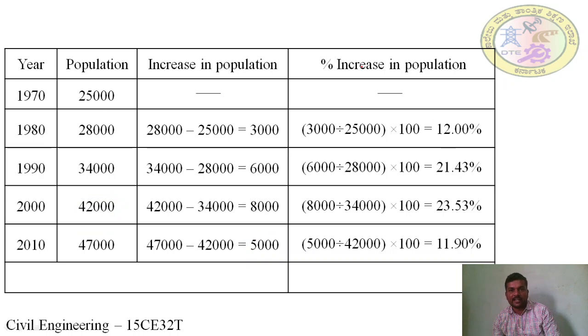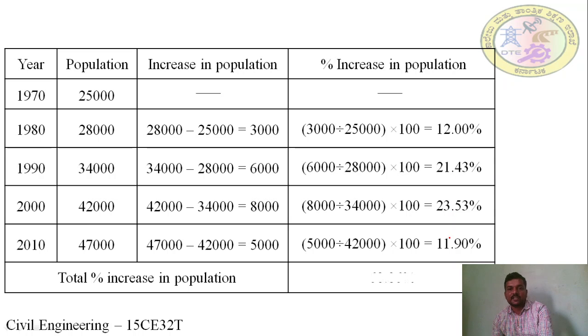After finding out the percentage increase in population for each year, we need to find out the average increase in population per decade. So we need to add up all these values. The total percentage increase in population is 12 plus 21.43 plus 23.53 plus 11.9, which is equal to 68.86%.